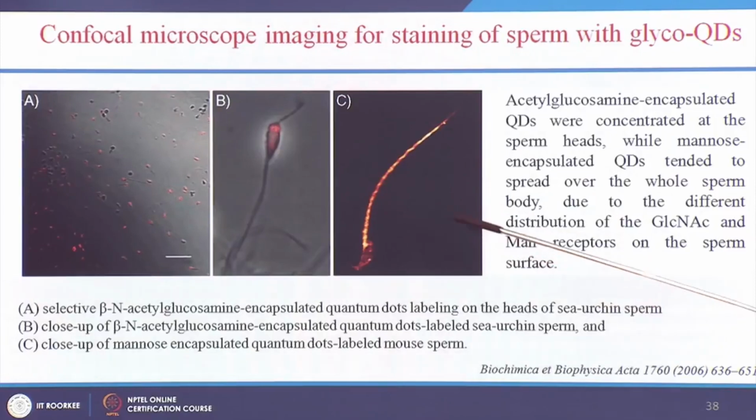Here in this example, the acetyl glucosamine encapsulated quantum dots bind only to the sperm head, and the quantum dots coated with mannose sugar bind to the sperm body. That means depending on the sugar receptors on the cell, these quantum dots bind. So it can be useful for various cell specific labeling.